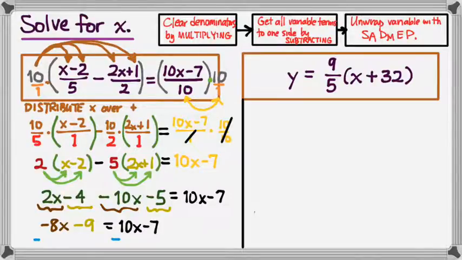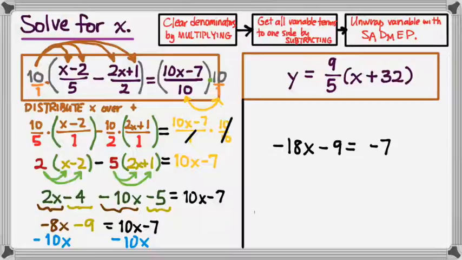I know you did this. Let's subtract 10x. If I subtract 10x from the right-hand side, all my x's from the right-hand side will be gone. Right? They will cancel. And therefore, this is a helpful strategy, because afterwards, all my x's will be on the left. Negative 18x minus 9 equals negative 7.